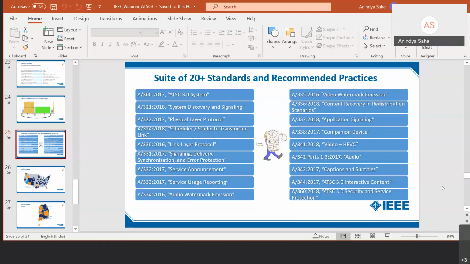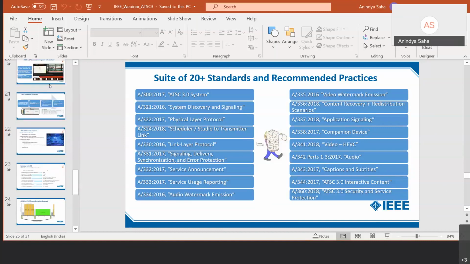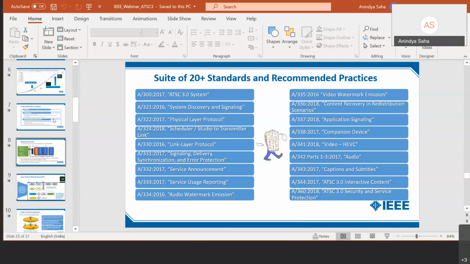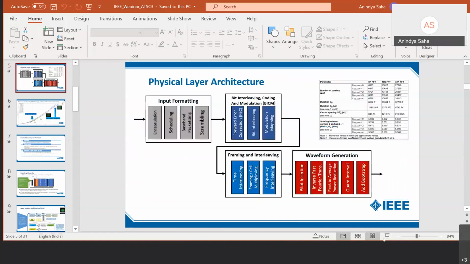So all the usual methods applicable for any OFDM system are what is used here also. I spoke about pilots. One of the good things about this system is that it has a rich set of pilots.